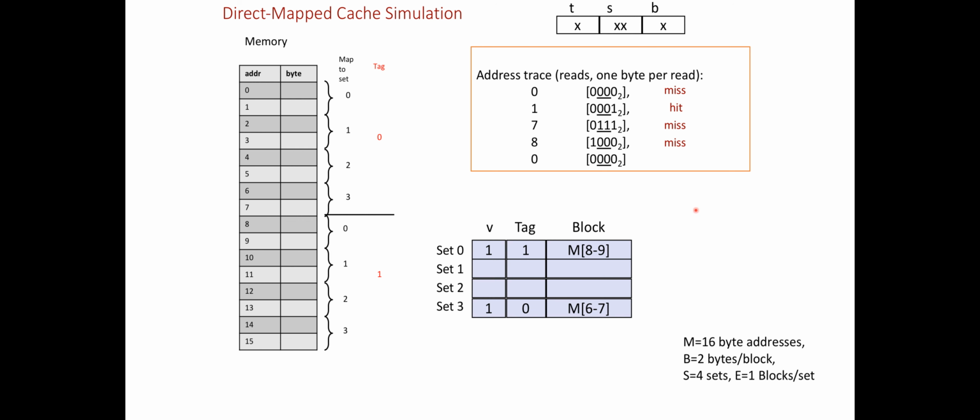And so now if our program were then to access byte 0 again for some reason, we would have a problem because we just got rid of it, and we would generate yet another miss and have to bring the other one back in.